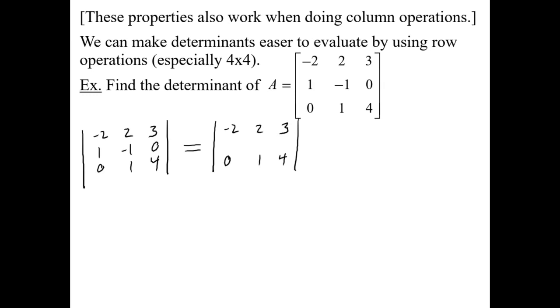Well, notice that to do that, what am I going to do? Row 2 is going to become, now, it is really tempting to say, take row 1 plus 2 row 2. It's really tempting to do that because that's kind of the way we would normally do this.